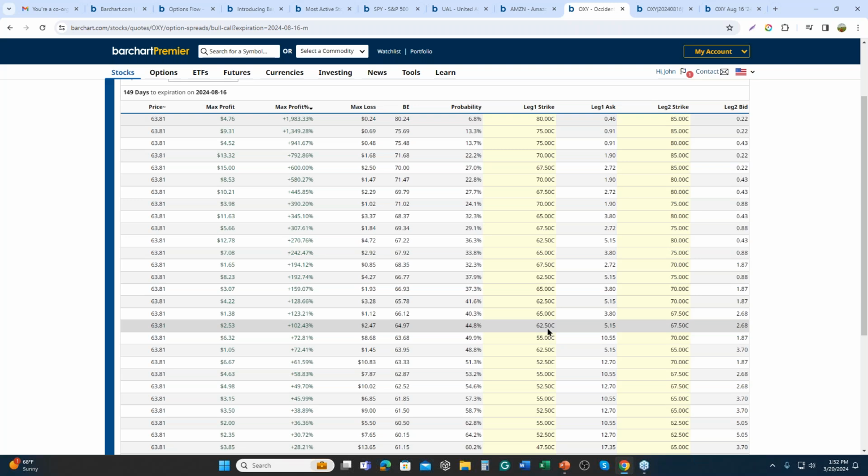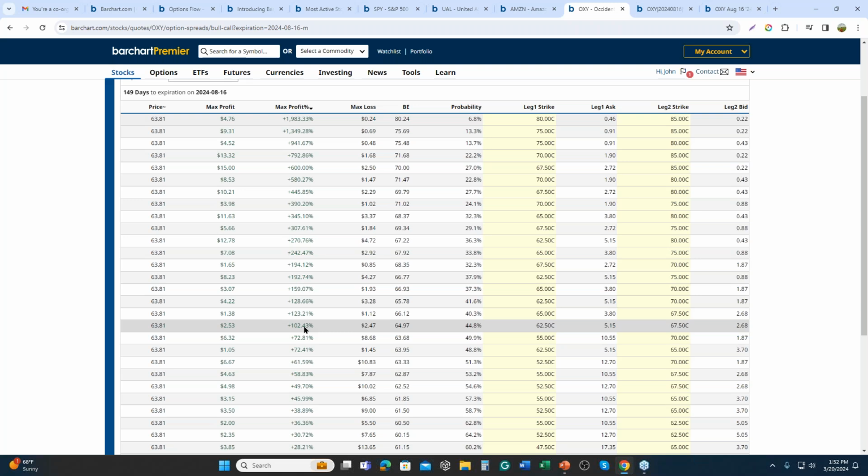That's the strike that they were buying. We're going to join that trader's coattails, and we'll sell the 67.50, right? A $5 differential. And how much is that going to cost me? What is my potential return? And again, if I'm right on this trade, I'm going to get a 100% return on my options trade.